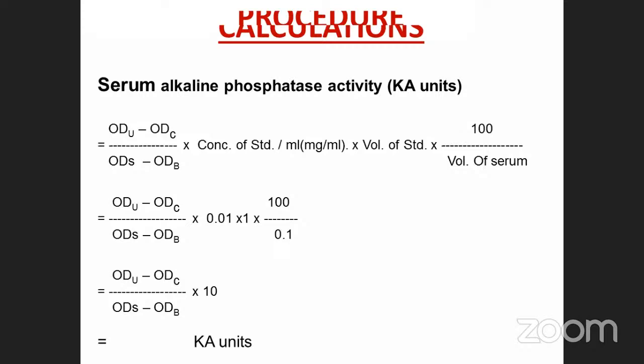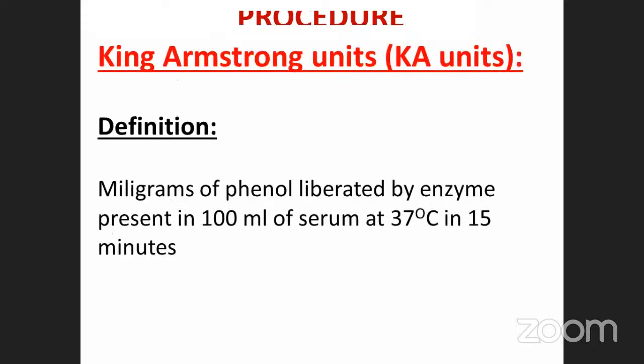This formula is used for the calculation of serum alkaline phosphatase enzyme activity in King Armstrong unit. I will give some readings to you for the calculation purpose. Read this slide. What is the definition of King Armstrong unit?